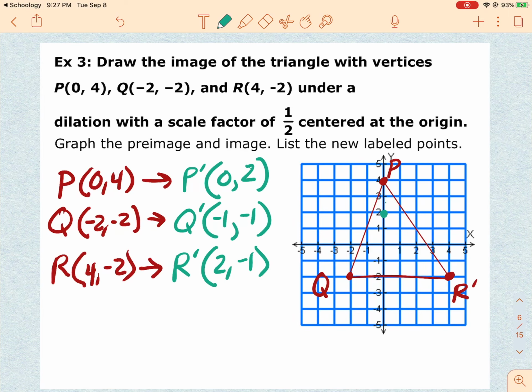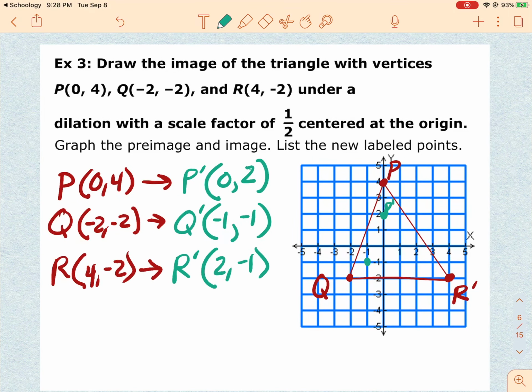So when we plot those points, P prime, Q prime, and R prime, we should be getting a triangle that is exactly half the size of the original.